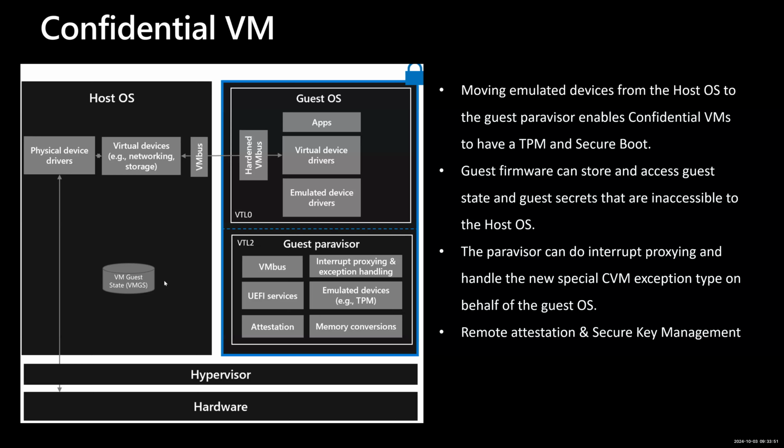There's no one or the other, but if the scenario requires it, the guest paravisor can do this. Hopefully that answers part of the question that was raised earlier. I'm guessing so. Feel free to move along.